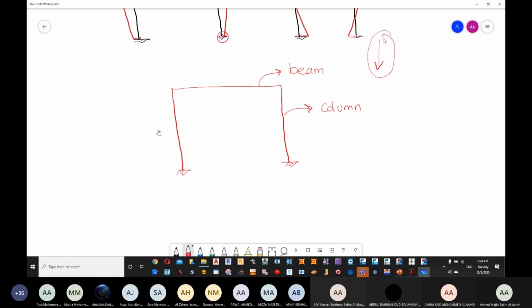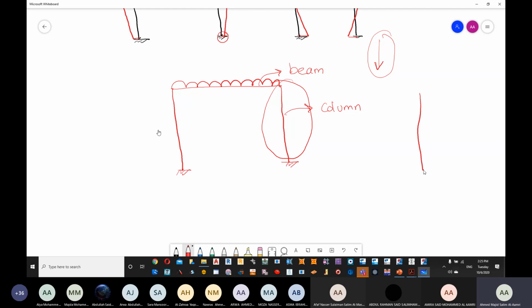Bushra? Dead and live loads, are they going vertical or horizontal? The weights of the things, are they going down or are they going to the right and left? Vertical, vertical. So for vertical, you can draw it here. Can you draw the vertical on this column?